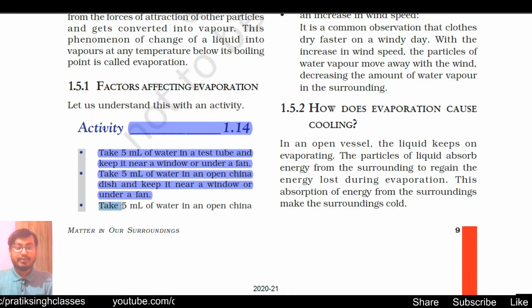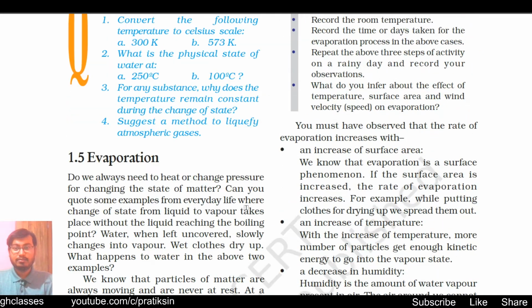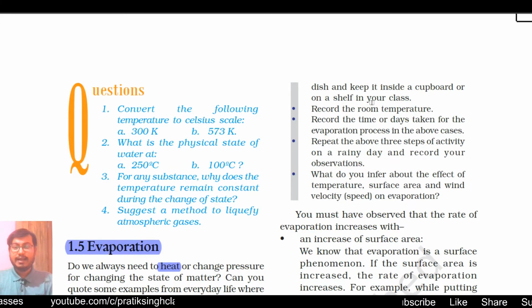Now take 5 milliliter of water in an open china dish and keep it inside a cupboard or on a shelf in your class. So here we have taken 3 vessels. In the first we have taken 5 ml of water in a test tube and kept that near the window or under the fan.